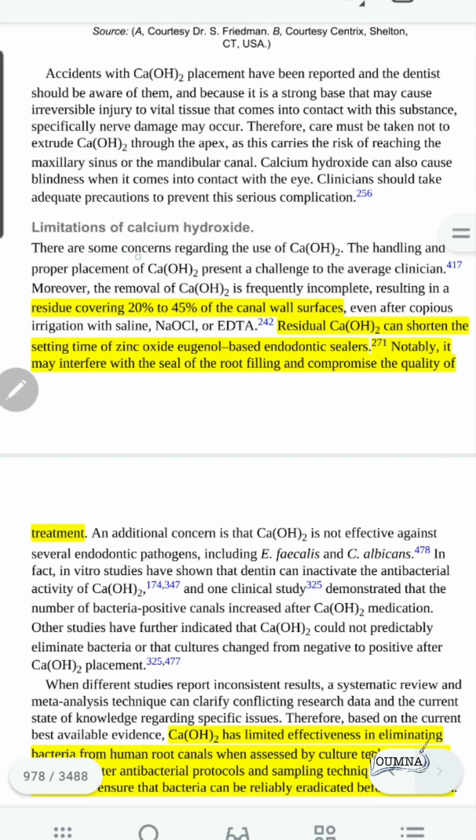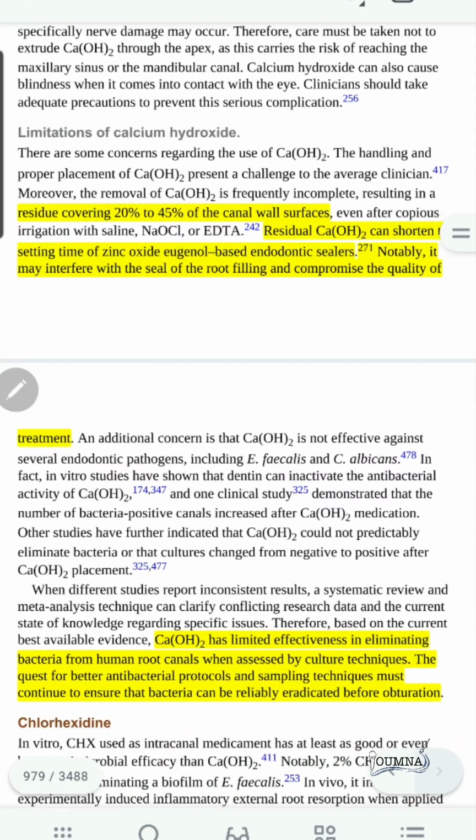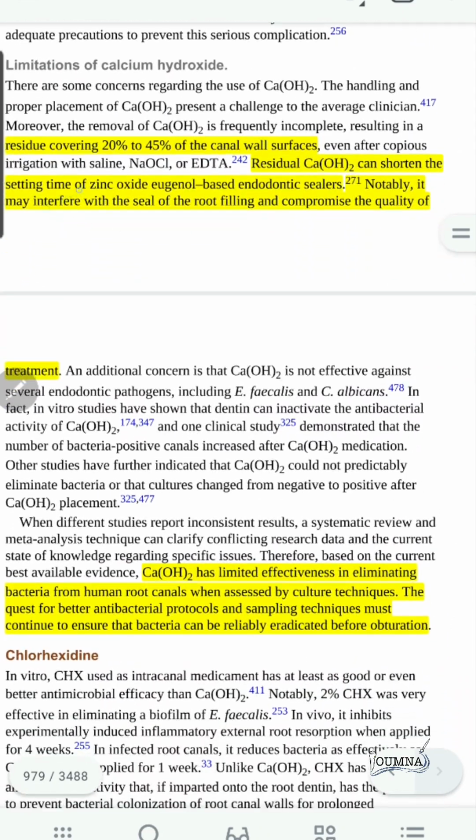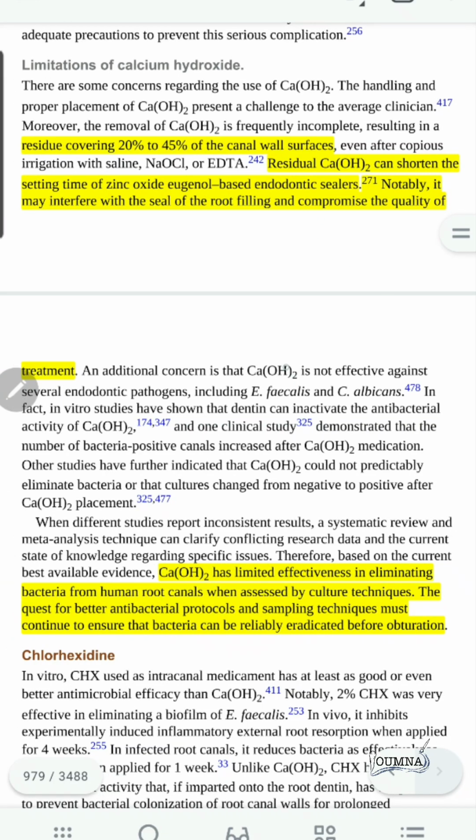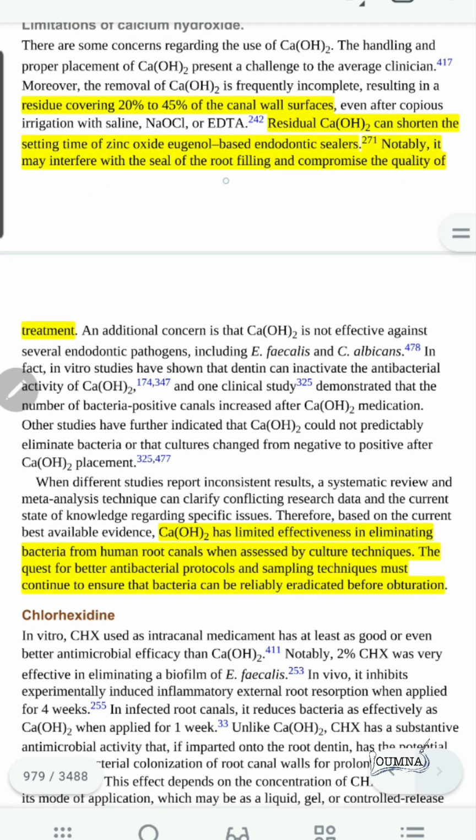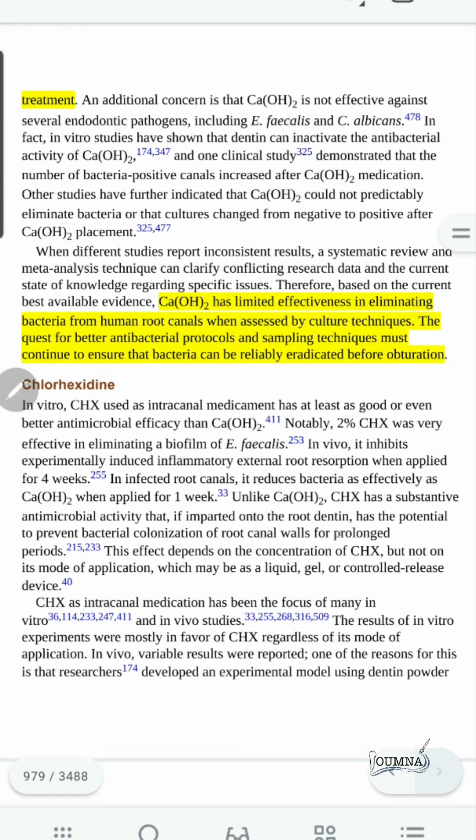It has some limitations, like the residual covering the canal can reach 45%, and this shortens the setting time of zinc oxide eugenol based sealer, and it may interfere with the seal of the root filling and compromise the quality of the treatment.